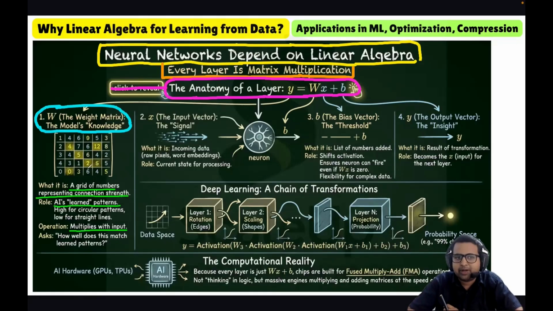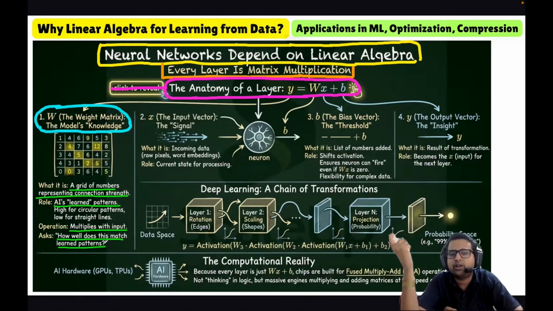Matrix multiplication of W with the vector x is equivalent to asking that question. We compare the result with the ground reality. If it is close to the ground reality, it means the model's knowledge is accurate.